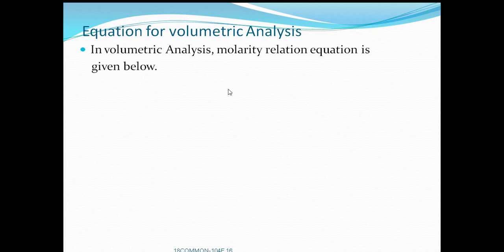In volumetric analysis, the molarity relation equation is given below. What is the equation? M1V1 by N1 equal to M2V2 by N2. By using that formula, we can do some analysis.